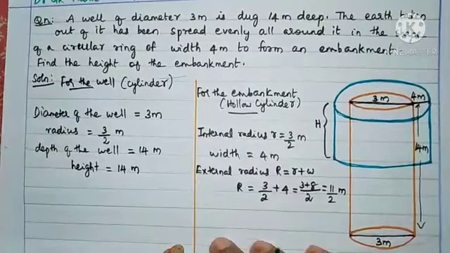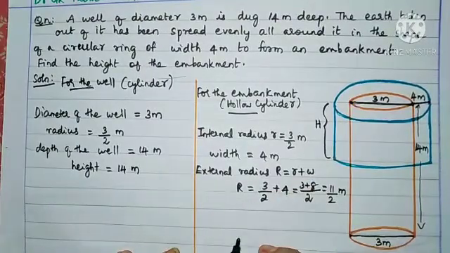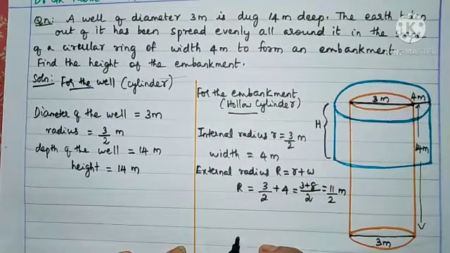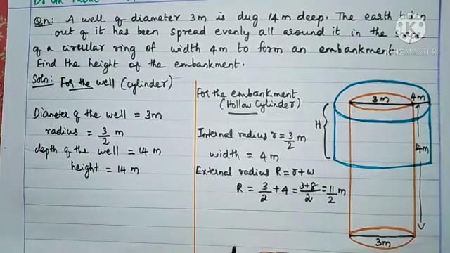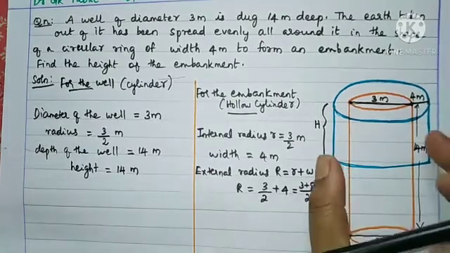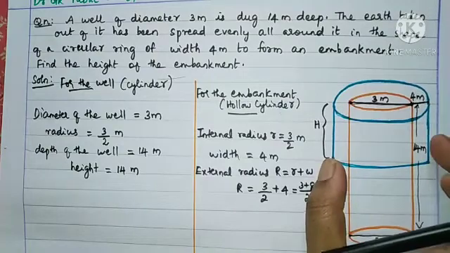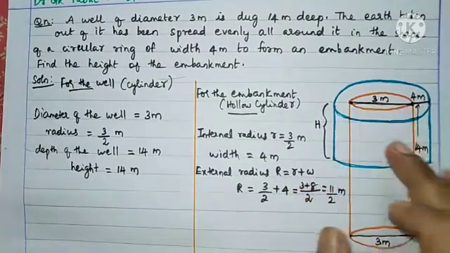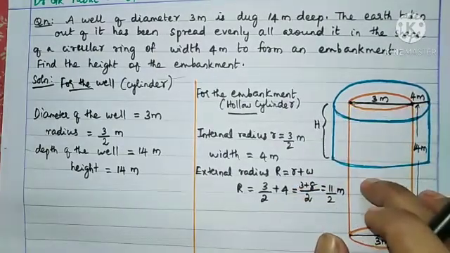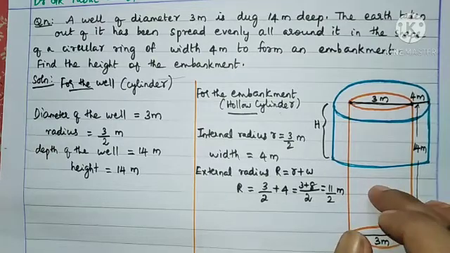So all the dimensions we completed. Now we want to come to the concept of the problem. What is the concept I told you? The volume of the embankment, the earth that is required to construct the embankment, is equal to the volume of the earth taken from the well.